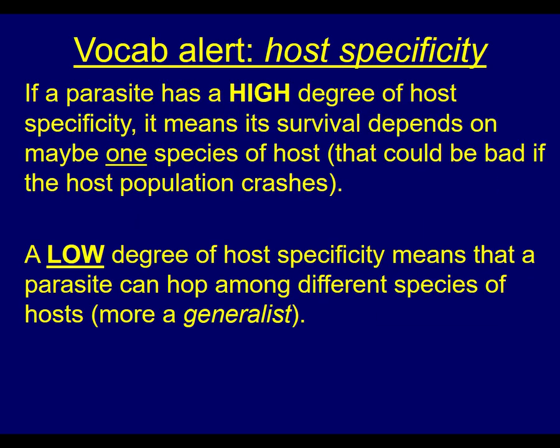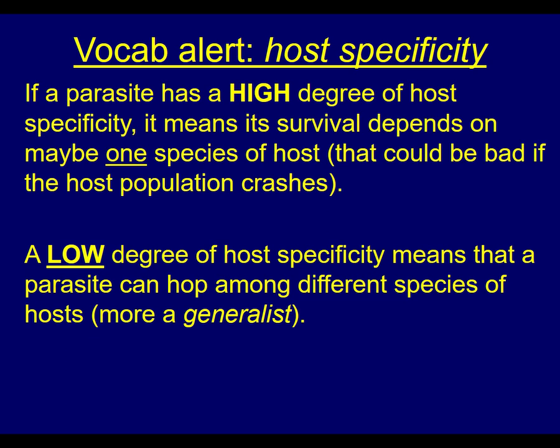So, okay, another little bit here is what our book is going to talk about is host specificity. And what this means is if you are tied to only one species as your host, and you're a parasite that will only parasitize one species, you have a very high degree of host specificity.